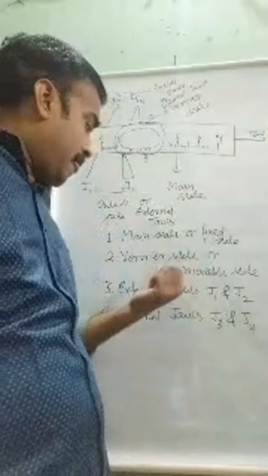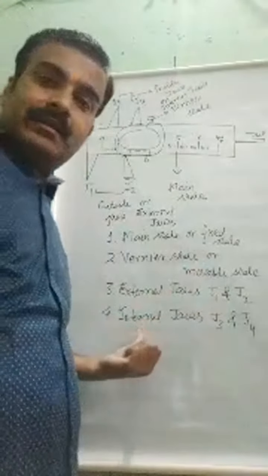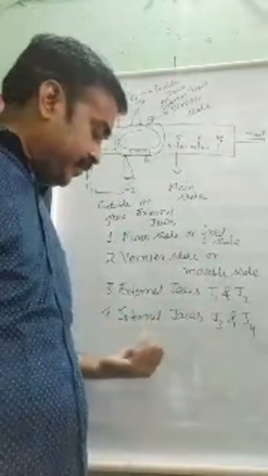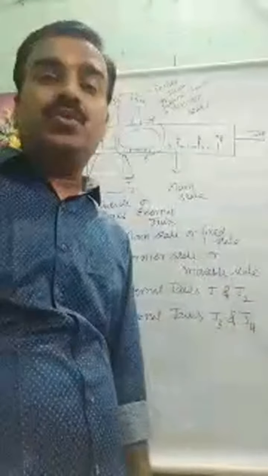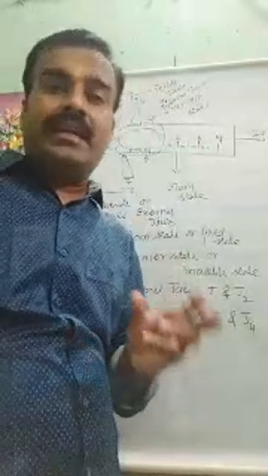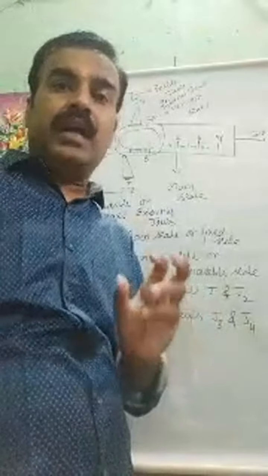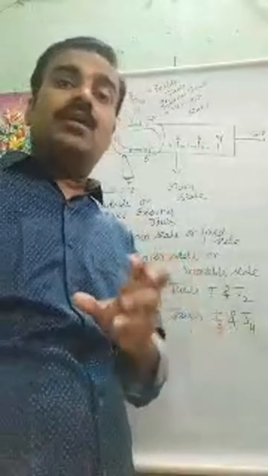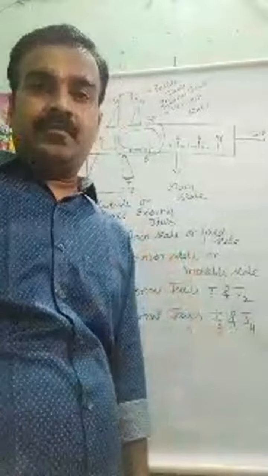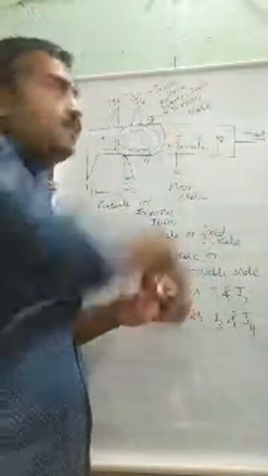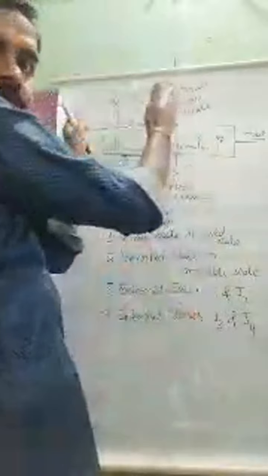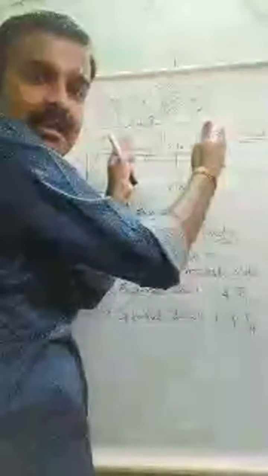Now, the last one, fourth part, is internal jaws. By the use of internal jaws, we can find out the dimension of a hollow sphere. If we want to find the dimension of the hollow sphere, fix it there and just expand it outward.